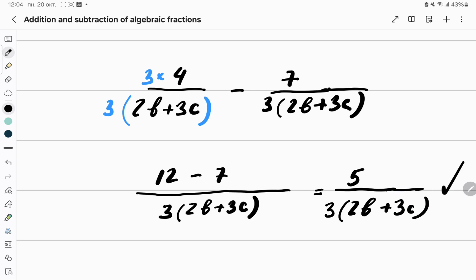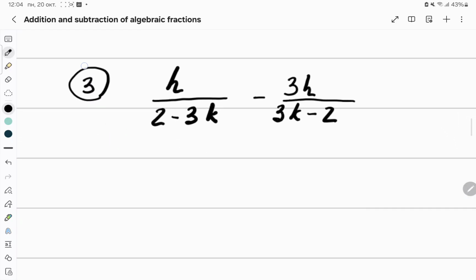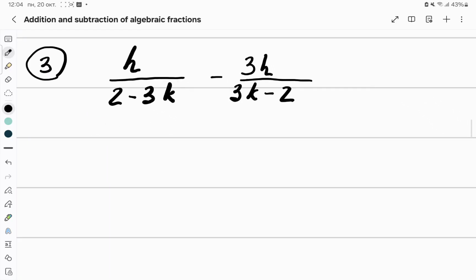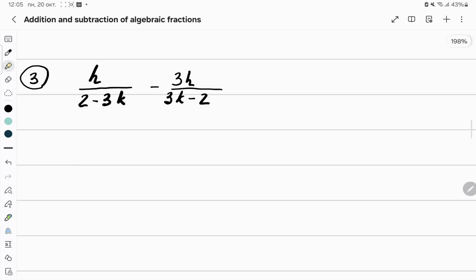Done. Now the next question. What to do here? You see our denominators are opposite in terms of the sign. The second denominator has terms that are opposite to each other. I mean, we can switch this term, yeah? How can we make 3k minus 2 into 2 minus 3k?